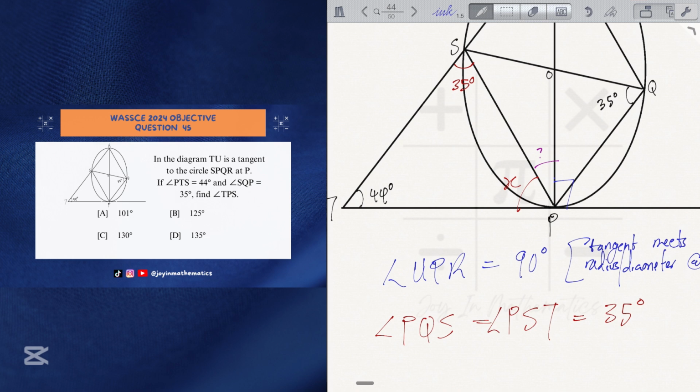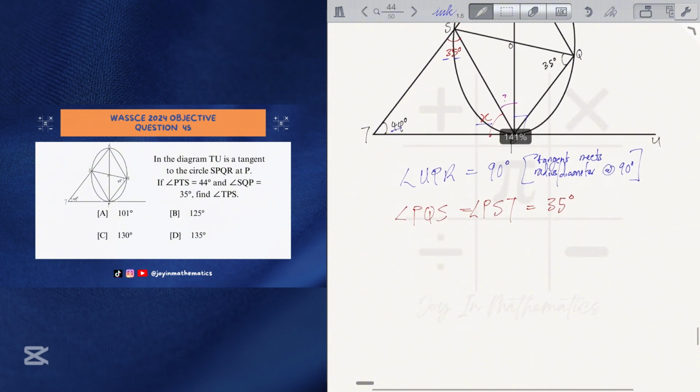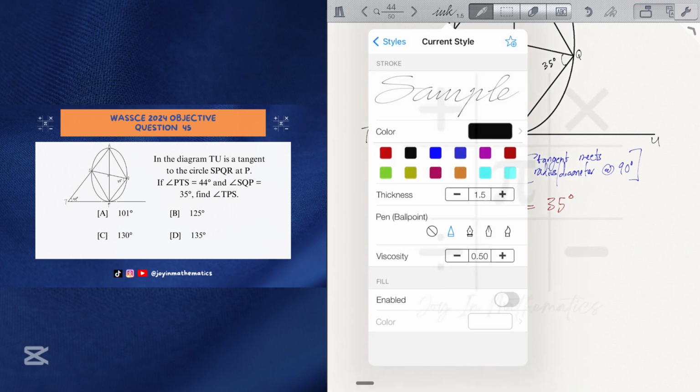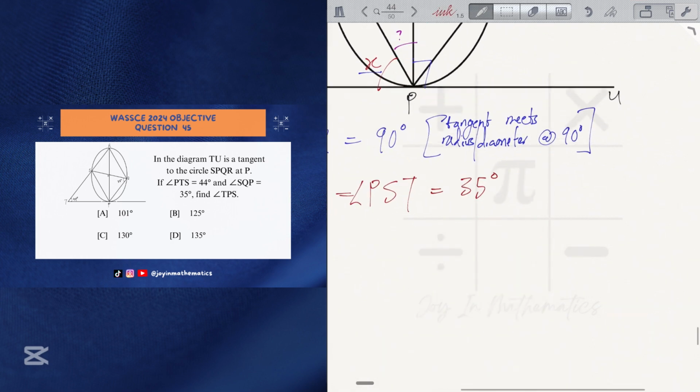When we consider the sum of angles in a triangle, we say 44 degrees plus 35 degrees plus X is equal to 180 degrees. So we are considering triangle TSP. Please note that the reason for the 35 degrees is the principle of alternate segments.